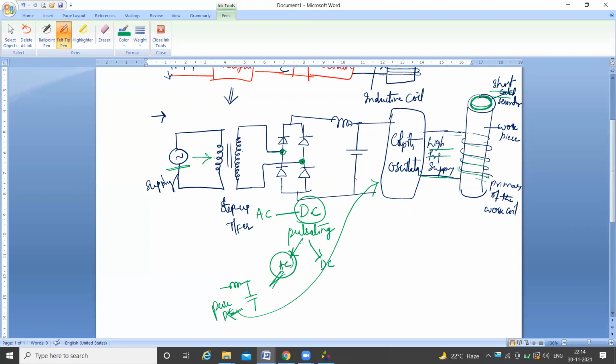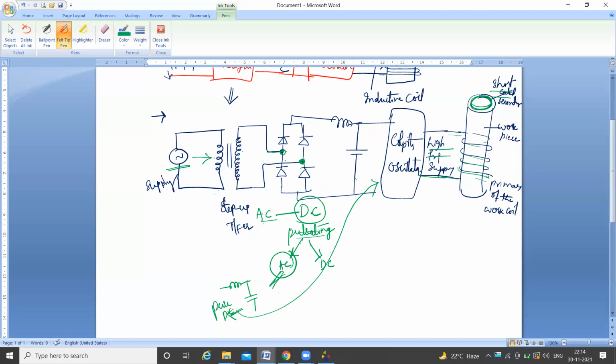Here's a very simple summary, once again. AC supply is applied to the step-up transformer. In the step-up transformer, the low voltage is converted into high voltage, which is given to the bridge rectifier. The bridge rectifier converts this AC signal into a pulsating DC signal, consisting of both AC and DC ripples.